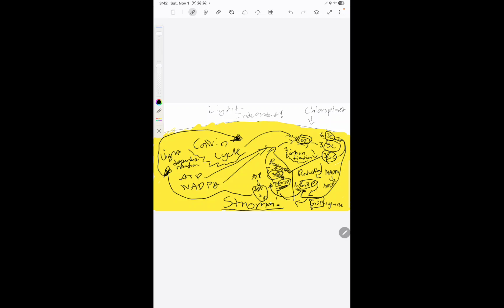So at the end of the day, photosynthesis is basically a cycle. You'll keep going back and forth with the light dependent and the light independent reactions, and this at the end of the day will form your glucose.